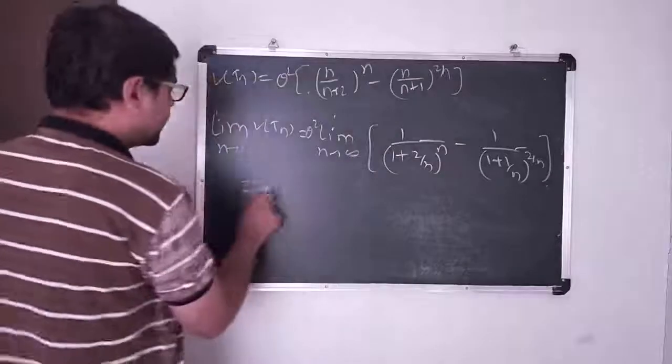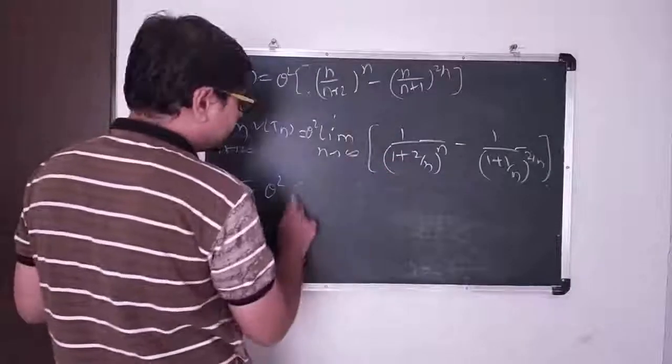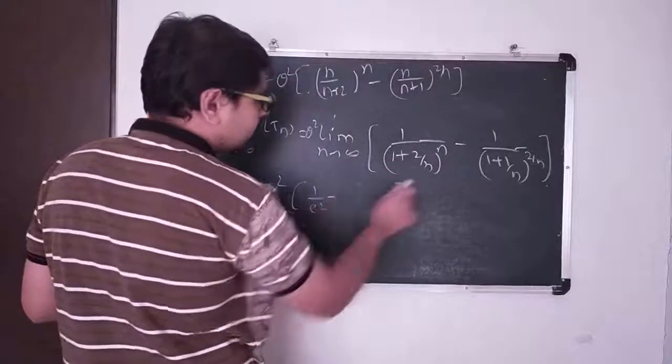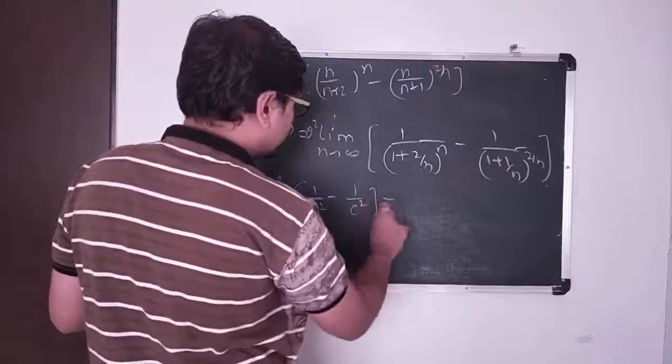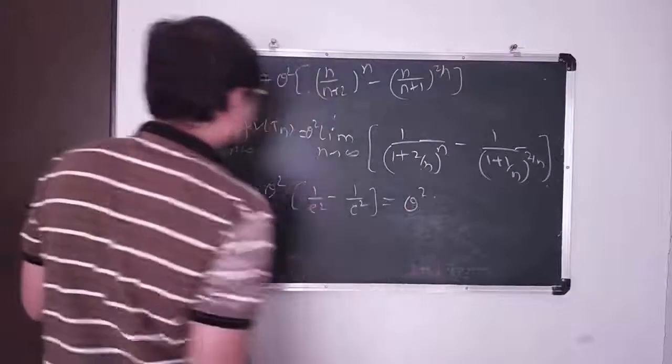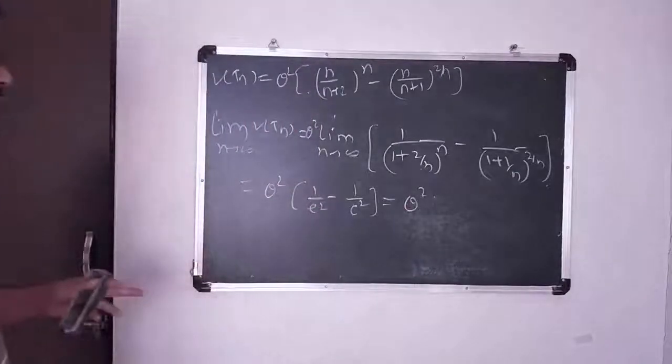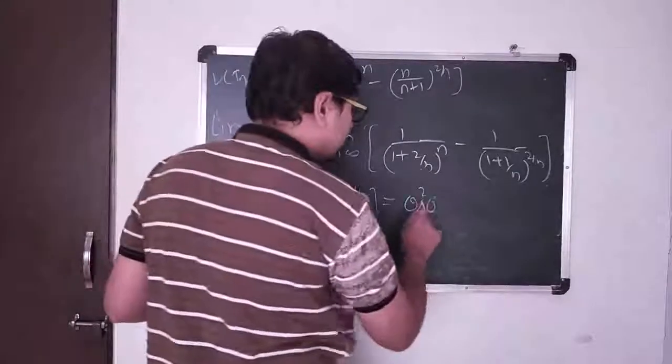So theta square into the limit of this is 1 upon e square, and the limit of this also is 1 upon e square, and this is theta square into 0. So this is 0.